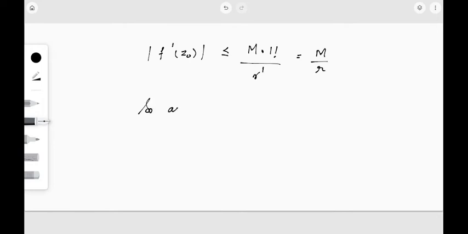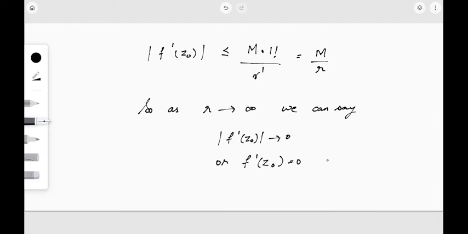So as r tends to infinity, by making this value large, we can say modulus f dash of z tends to 0, or f dash of z is 0 for every point z in the plane, right?